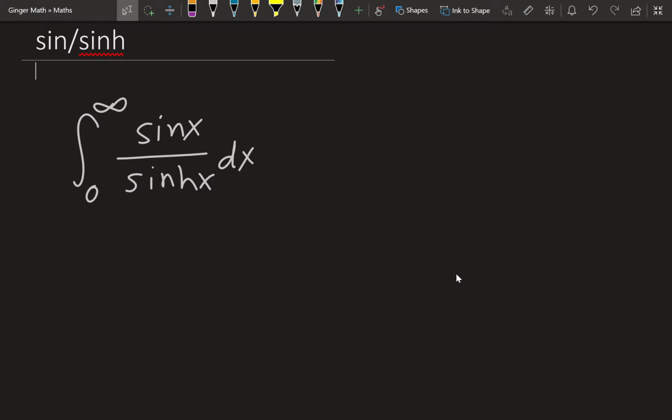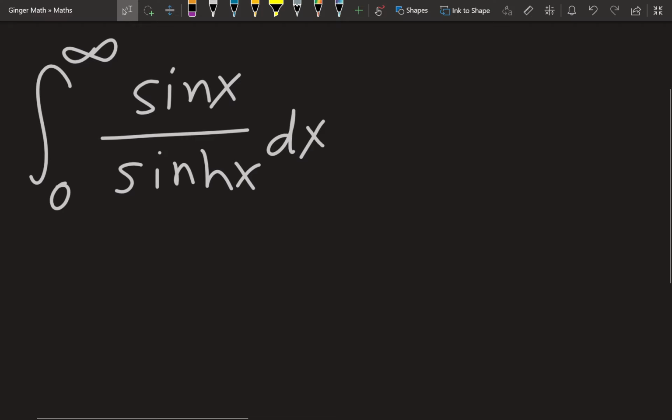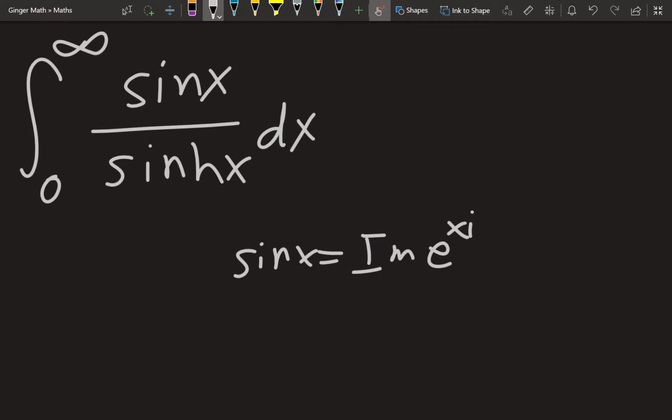But well, we'll see. So to start off with, as with the other one, we're just going to put everything in terms of e to the x, really. So what I'm going to do is say that sine of x is just equal to the imaginary part of e to the xi. This just follows from Euler's formula. And for hyperbolic sine, something similar.